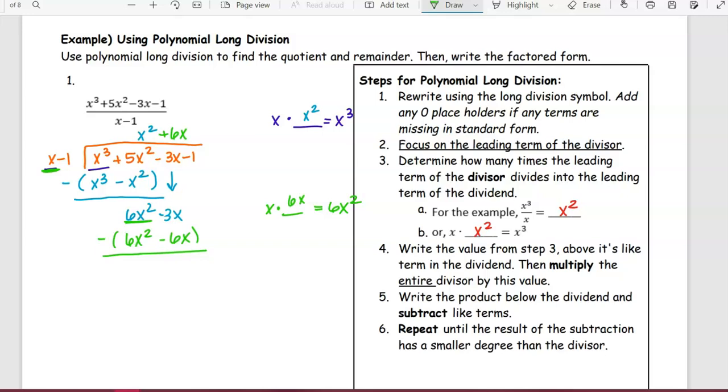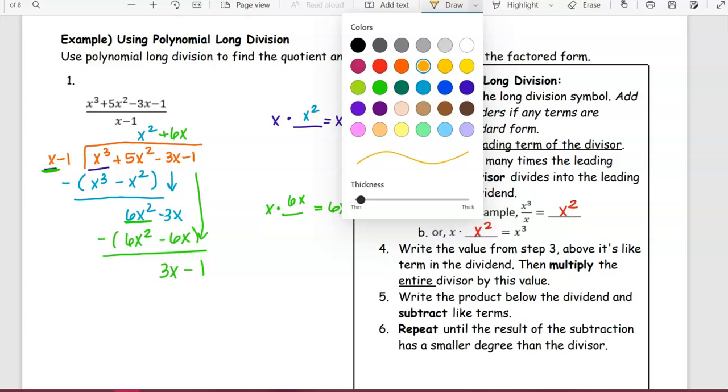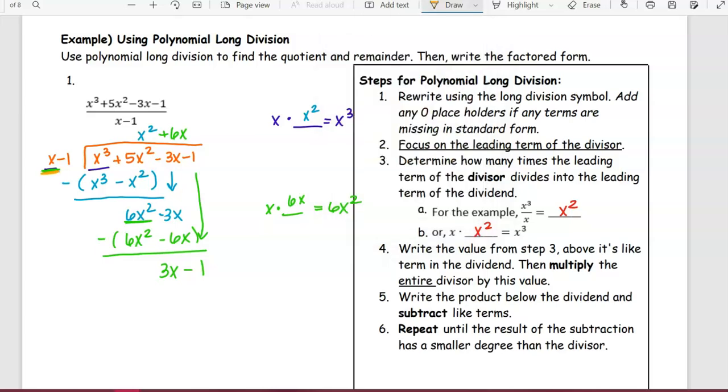And then I start all over. Notice now when I start over, I still look at this number in the front, and now I look at this number. So I'm going to do x times what gives me 6x squared. That's going to be 6x. And again, I put that above my other like terms. I did plus because it was a positive 6x.